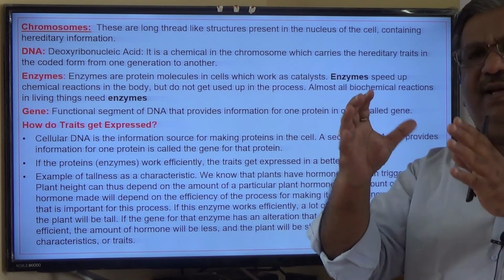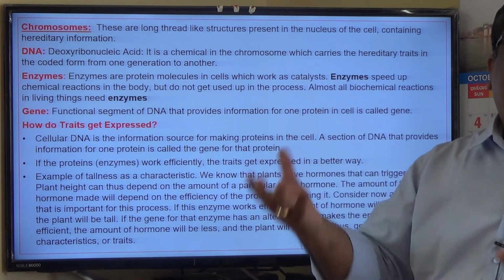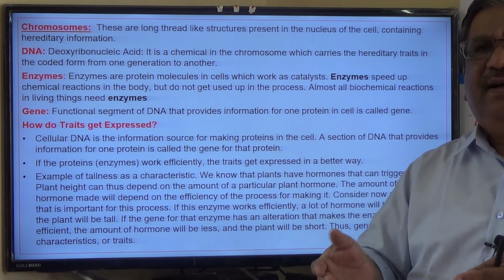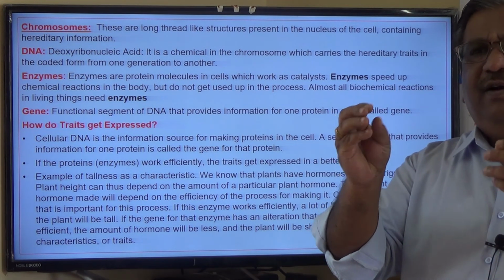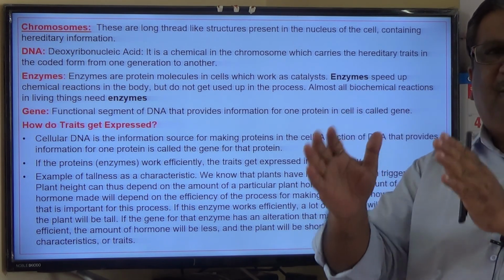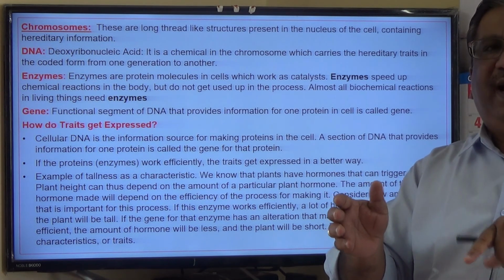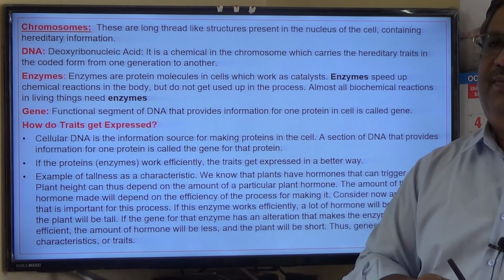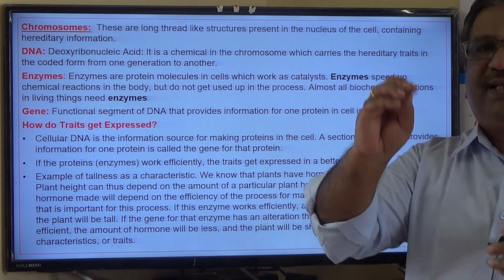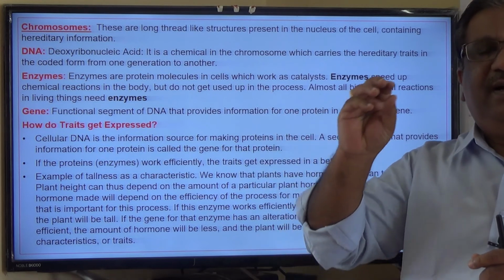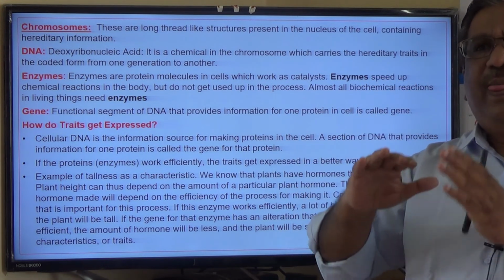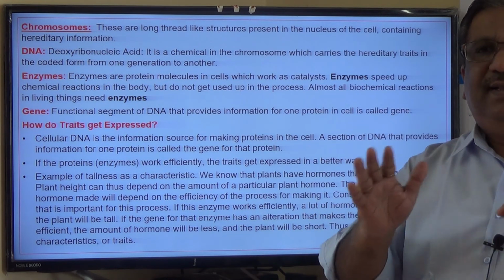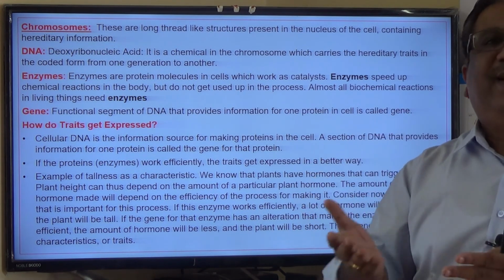But if a particular gene has some modifications or alterations, then the gene for that protein has such information that the protein will not work efficiently. Or I can say it like this: for some enzyme, if the gene has some alteration, then the enzyme may not work efficiently.